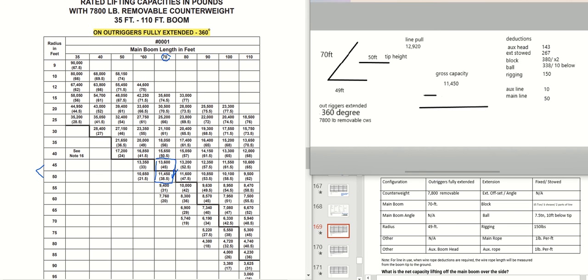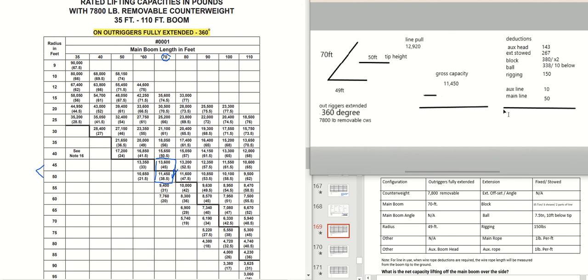Now we have all the deductions that we need in order to find our total deductions. So I'm going to go ahead and make a line right here. Make that a little bit thinner. And add our text in.